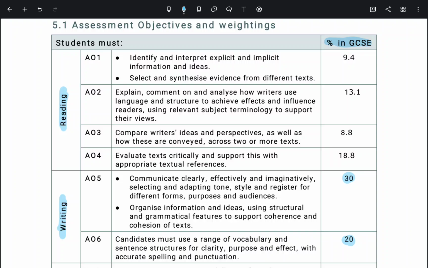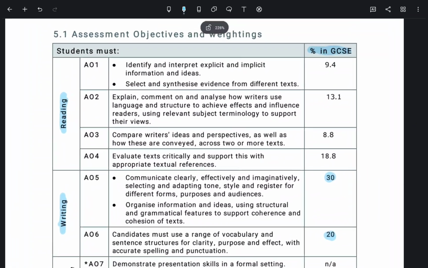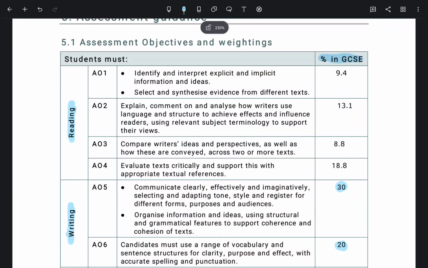So if you're asking, sir, how do I revise? And what do I need to do? Your focus is, you should prioritize this question. So transactional writing, persuasive writing, section B of your exam. Okay, so that's that. And not only that, obviously you're reading as well. So your AO4, your AO3 as well. So what you can do, you can take a screenshot of this and use this to help you revise.